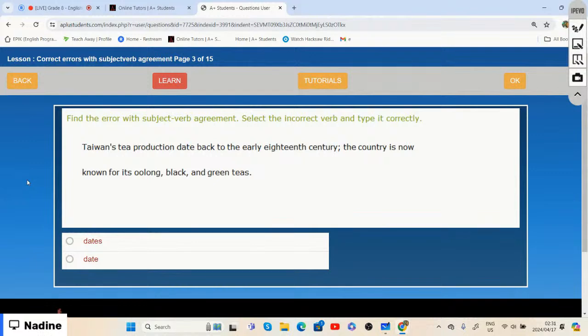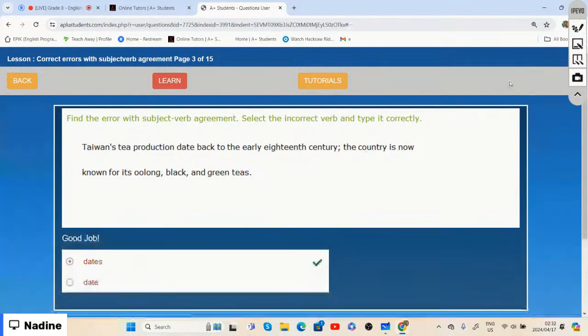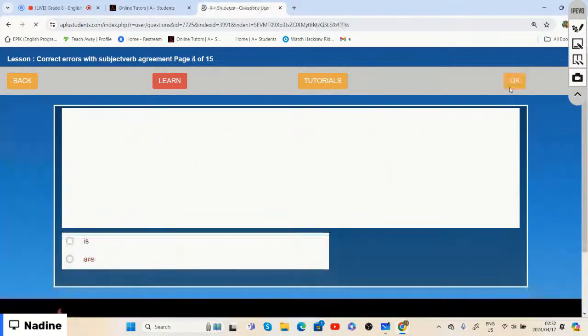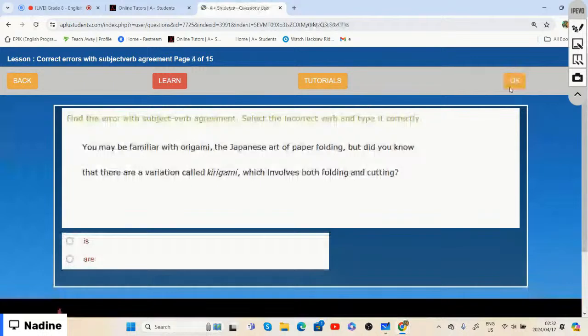All right, so we can say Taiwan's tea production dates back to the early 18th century. The country is now known for its oolong, black and green teas. So dates is our correct answer.